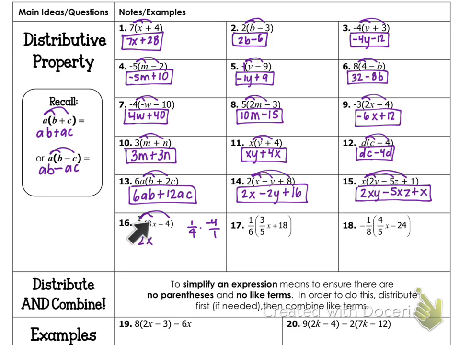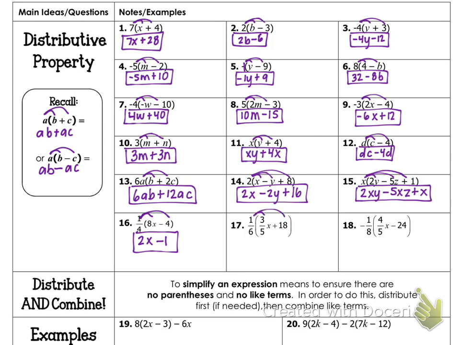You can either just divide right away, but if you're not sure, write 1/4 times -4 over 1, and then we can cross cancel these. So 4 divided by 4 is 1, and then -4 divided by 4 is -1. And then just multiply, so that equals -1. So I'm going to replace this 1/4 times -4 with -1, because we just figured out that that's -1. And that's your answer there.